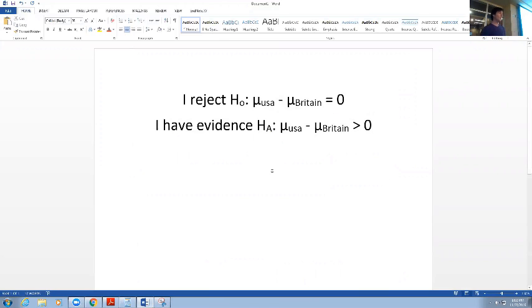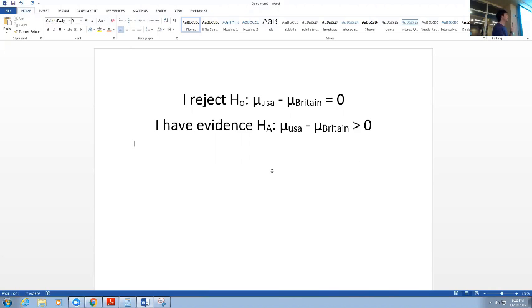I reject the null that the difference between the true heights of USA men and Britain heights is equal to 0. Does everyone see how I read that? I have evidence for the alternative that the difference between USA men and Britain's height is greater than 0, implying that USA men are probably taller than British men. I had a little addendum sentence on there to make it clear, but all I had to say was, I reject the null that, and then I just read it.